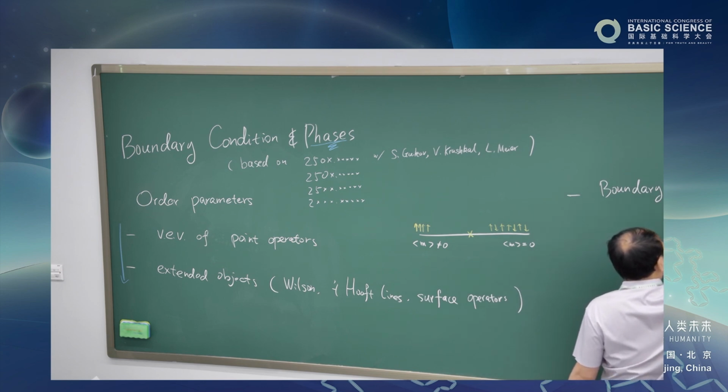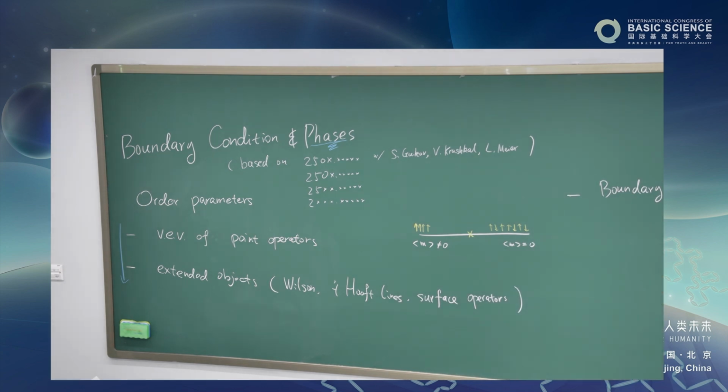And boundary conditions are, of course, supported on the boundary. So let's say that this is your space-time, and then the boundary conditions are supported at the boundary, which is, of course, codimension 1.